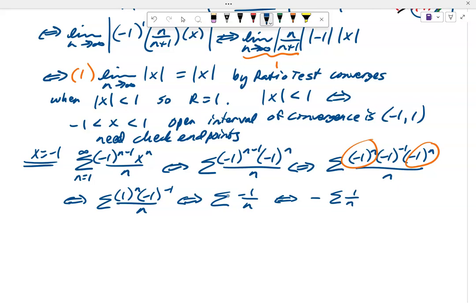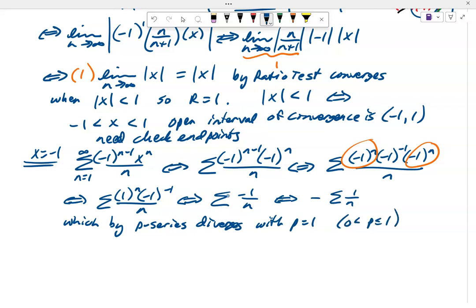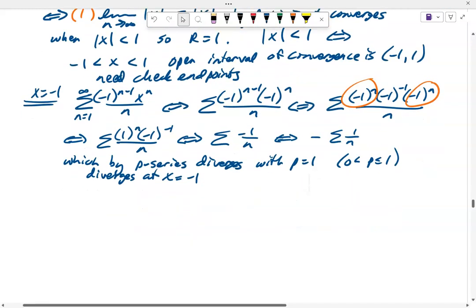So we can use a p-series, which by the p-series test diverges with p being 1. So it diverges at -1.